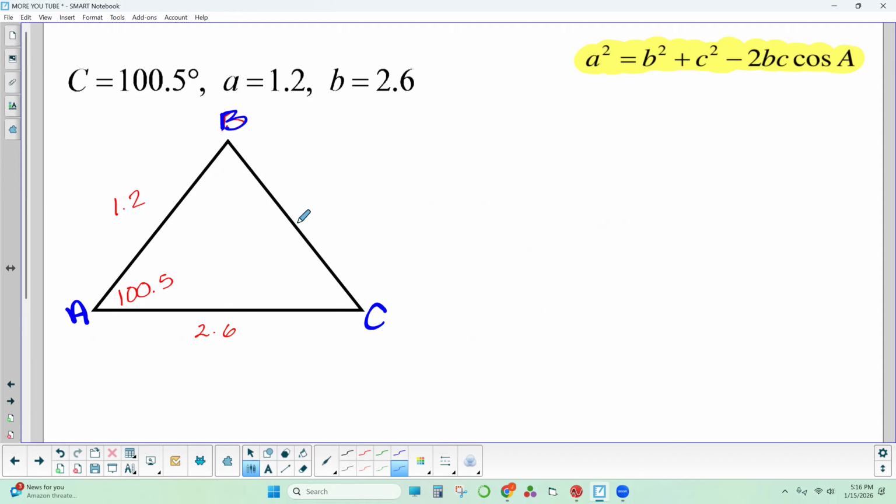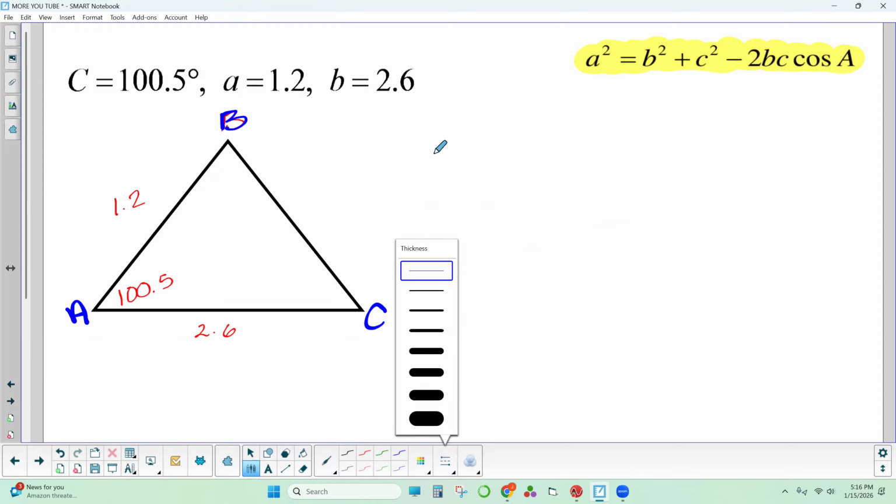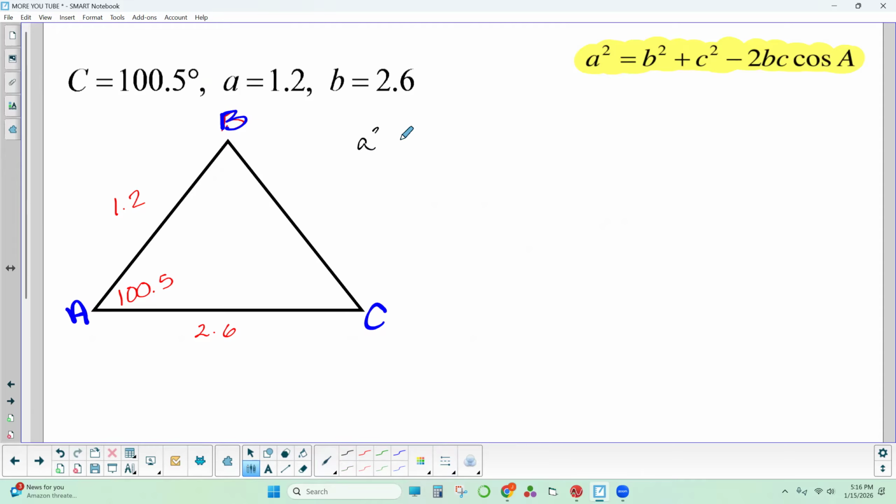Now, we're looking for side A. A is isolated here, so I'm going to start off by writing A squared equals B squared. So I'm going to go to B, which is 2.6, and I'm just going to put parentheses around that and square. I'm going to write it just like I want to enter it in my calculator here.